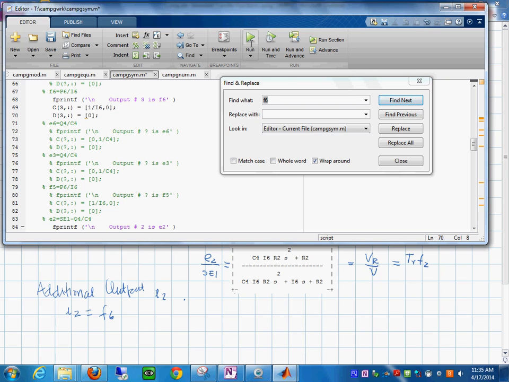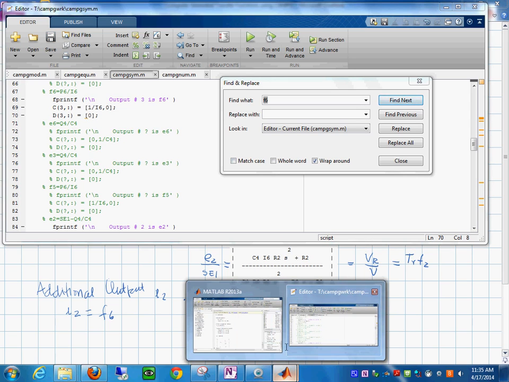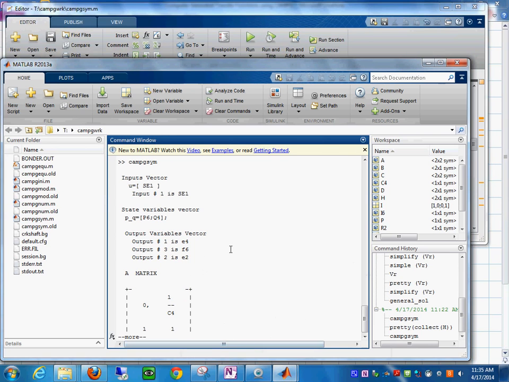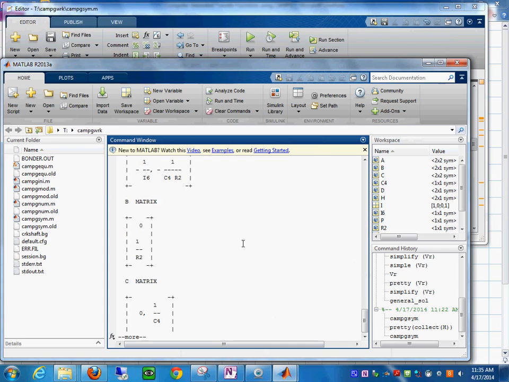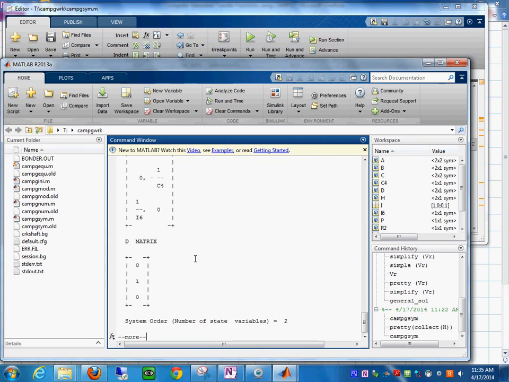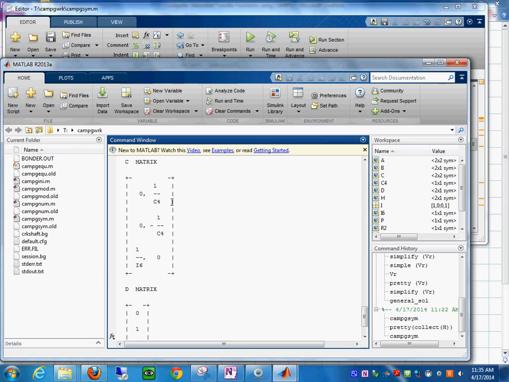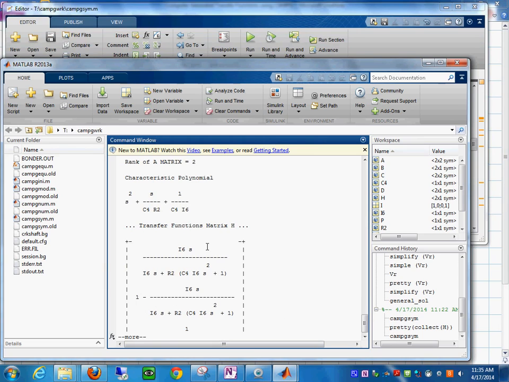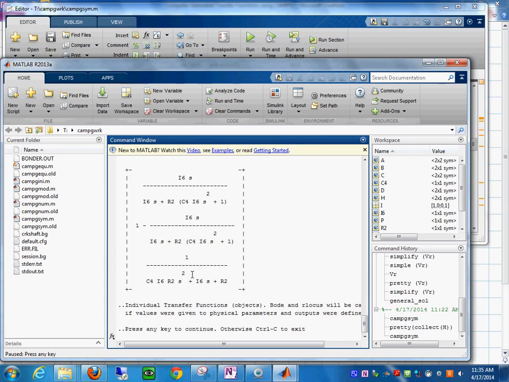And then I'm just going to say run, and we'll see what MATLAB is going to do. See, now the C and the D matrix, you notice they have 3 rows, and lo and behold, you have 3 transfer functions. And this one is transfer function number 3.